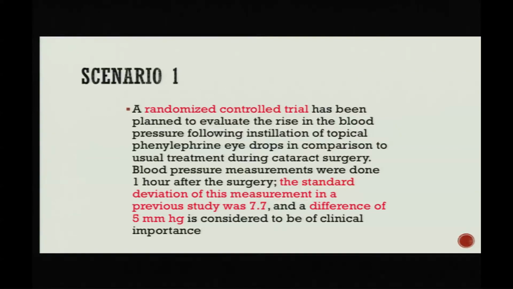So look at this study, a randomized control trial which has been planned to evaluate the rise in blood pressure following instillation of topical epinephrine eye drops in comparison to usual treatment. The blood pressure measurements were done 1 hour after the cataract surgery, and the standard deviation for this measurement was 7.7, and a difference of 5 millimeters was considered to be clinically relevant.